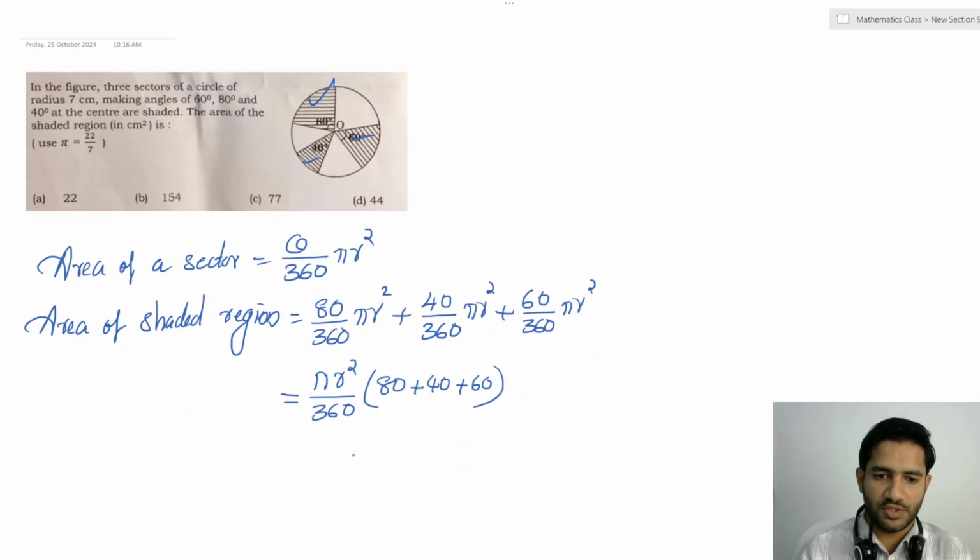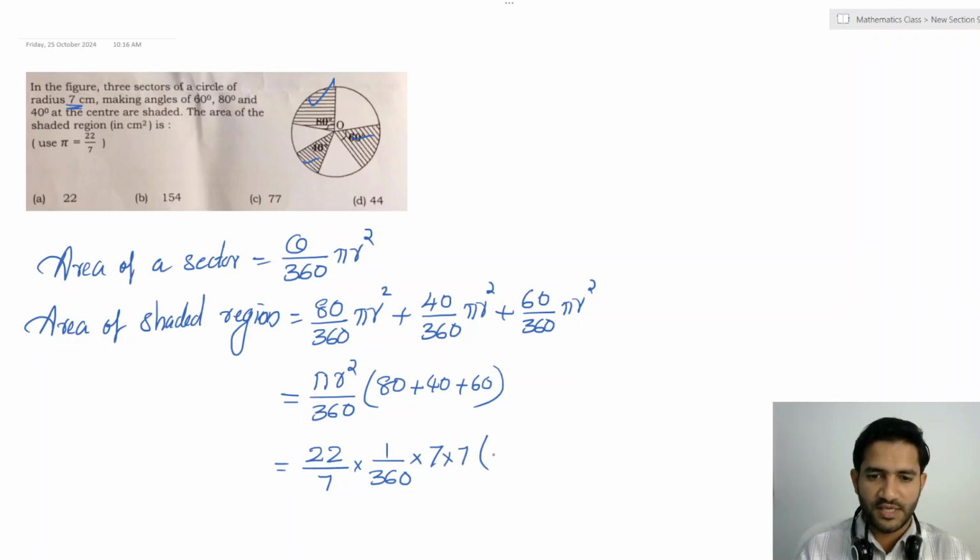Now we can substitute the values for pi and the radius. Pi means 22 by 7. Here we have 1 by 360. The radius is given as 7, so 7 into 7, in the bracket 80 plus 40 plus 60. So 60 plus 40 is 100, 100 plus 80 is 180.